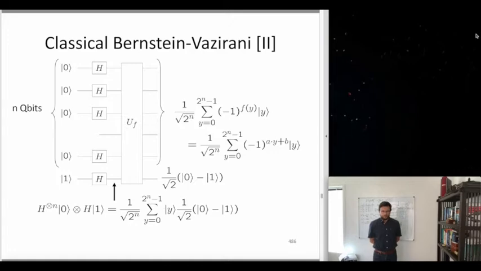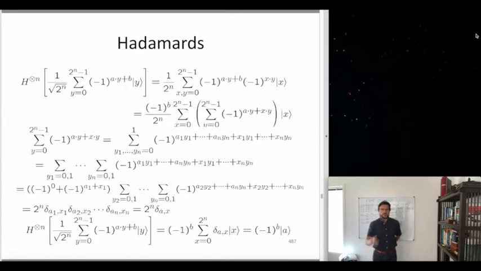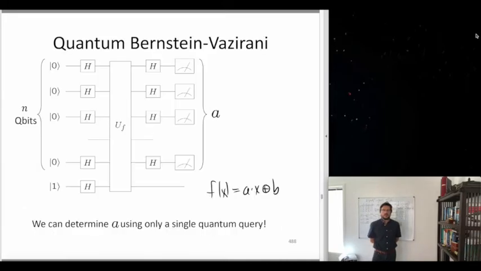And here is what happens after applying the Hadamard transformations in more detail. We don't need to go over that, so I think we did Hadamards often enough. So that shouldn't come as a surprise. And we can determine a, again, with only one single query, okay?